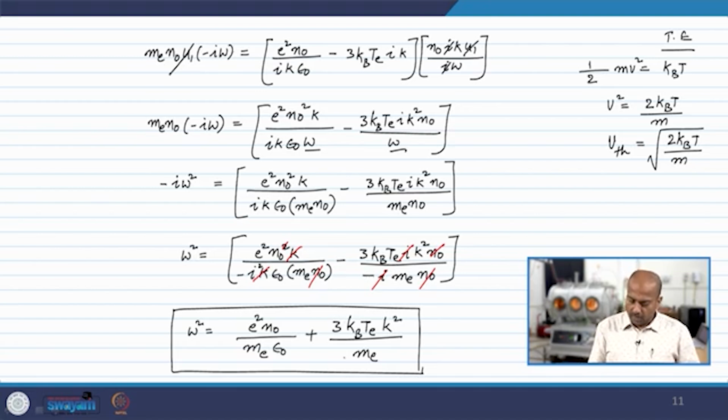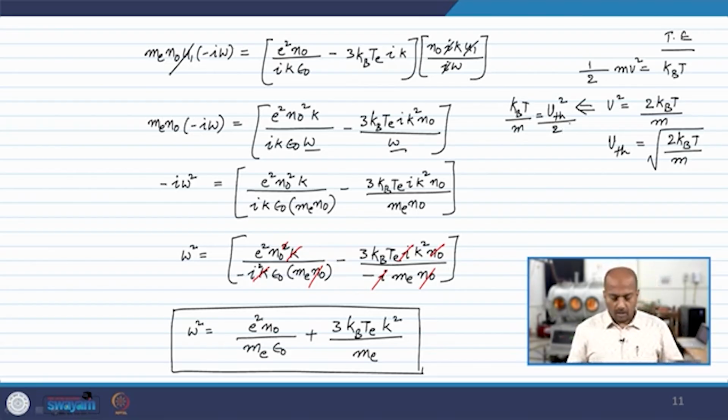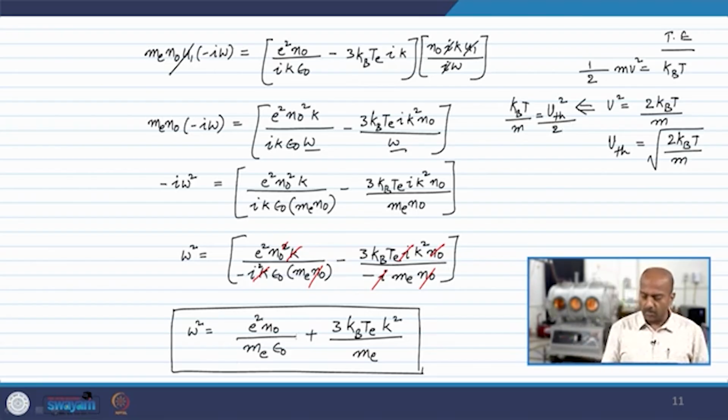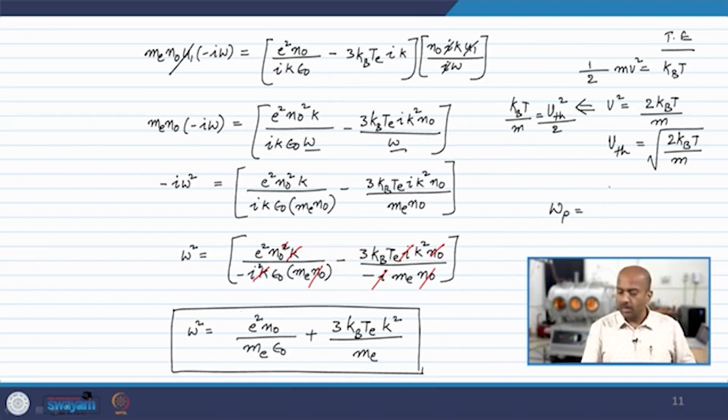So, k_B T by m can be written as v square by 2, and this parameter e square n naught by m_e epsilon naught is the plasma frequency, omega p, which is equal to the square root of n naught e square by m_e epsilon naught.